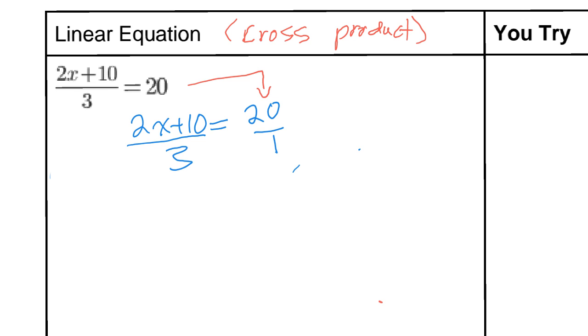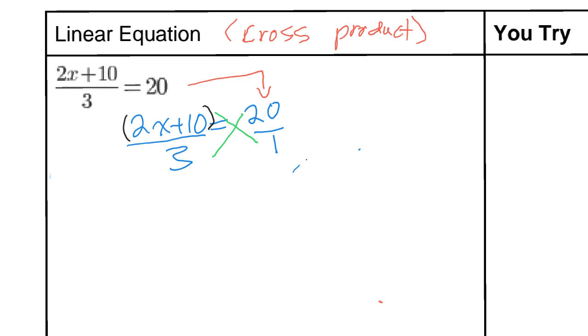Then imagine that the top half of the left side of the equation is in a bracket. Originally we had a 3. So we're going to cross multiply all the stuff that's here and here. We're going to combine the 1 and the 2x plus 10, and the 3 and the 20.